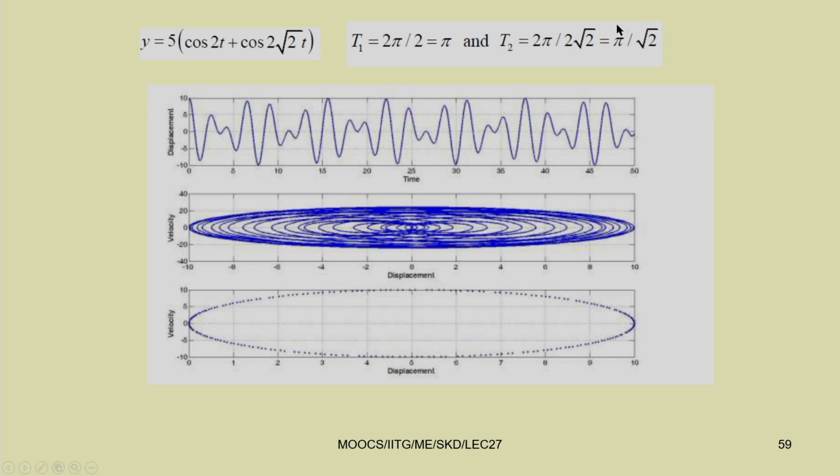If we take the smallest time, that is pi by root 2, and sample this response, you can see that we are getting a closed loop. This is a quasi periodic response. This is the Poincare section of the quasi periodic response; this is the phase portrait and this is the Poincare section.